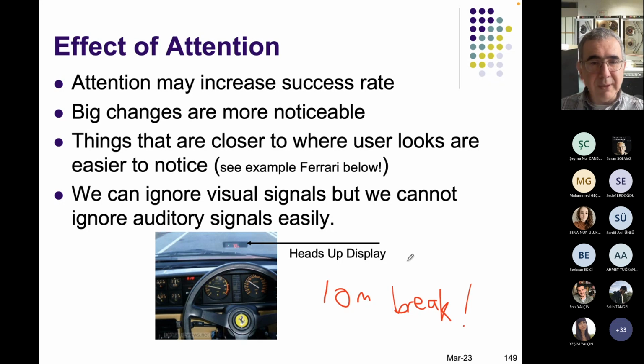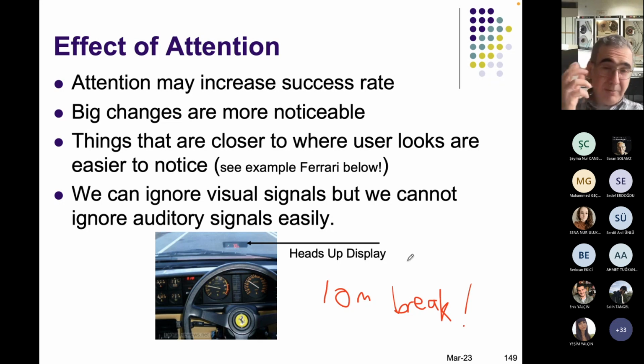So if you look carefully, you are more likely to use the interface without problems. And usually we don't pay attention that much all the time. For example, somebody writes something on the chat box and I may not see it. The chat box is now in front of me, but I may not see it because I am looking at other things around.